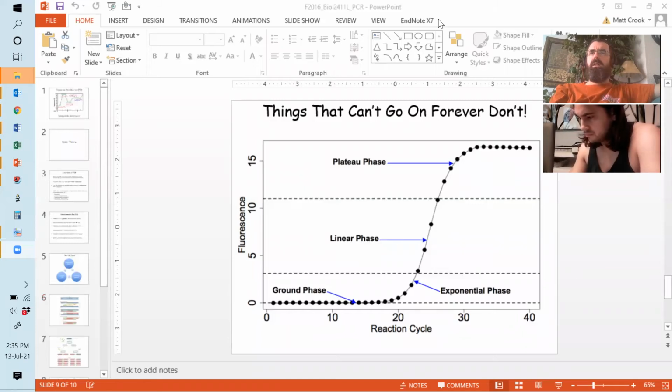And what was the name of the researcher? That's it. Kary Mullis was the researcher that was awarded the Nobel Prize for this because of how groundbreaking it was.